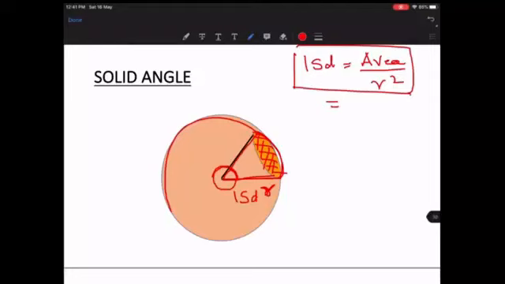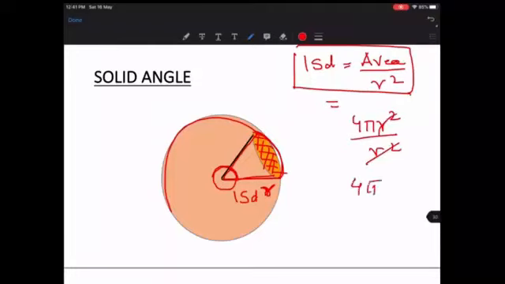Just substitute the values in this formula. The area of a sphere is 4 pi R square, divided by R square. The R square gets cancelled and you will get 4 pi. So 4 pi steradian is the entire solid angle here. So that is a solid angle as well as a plane angle.